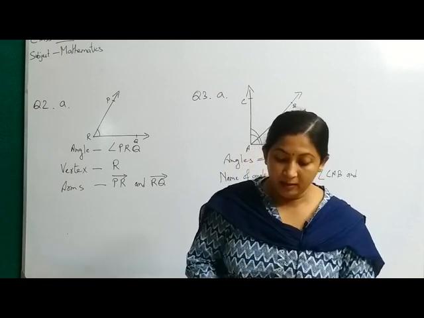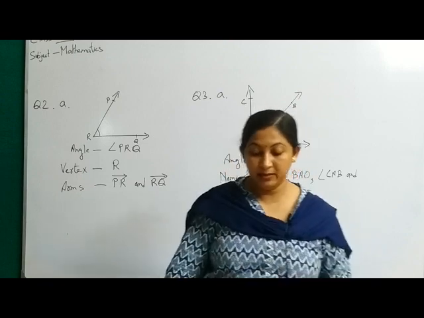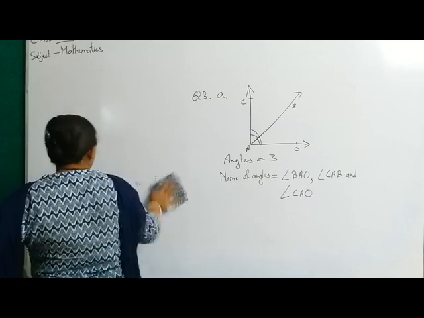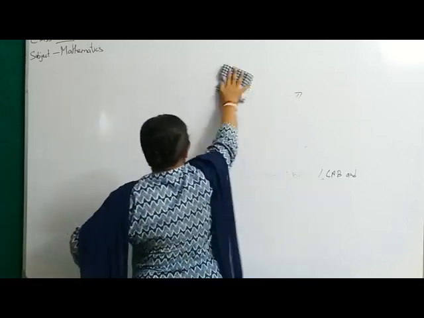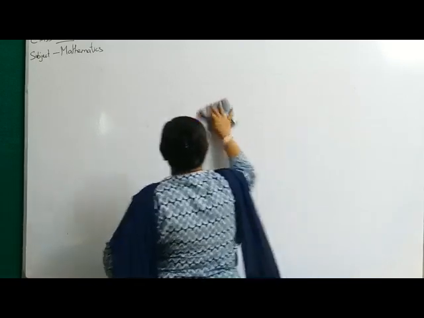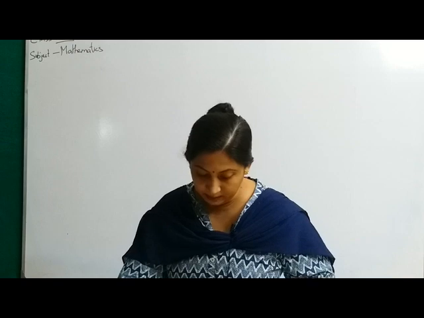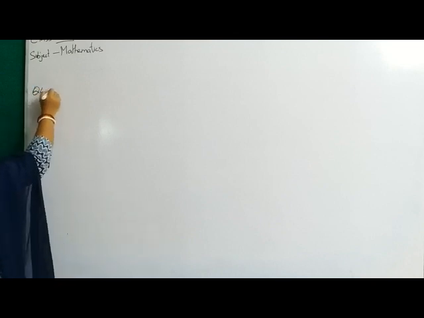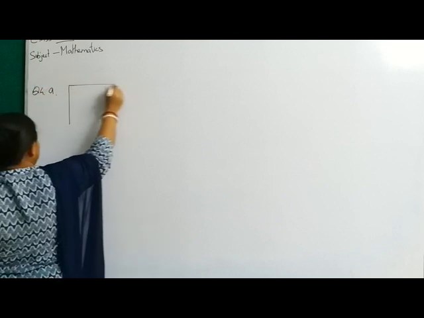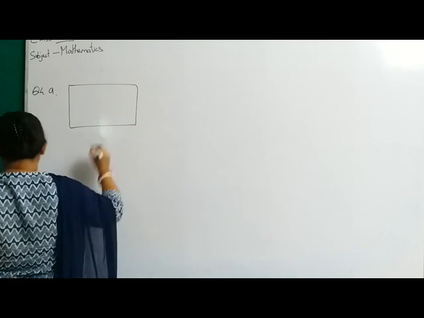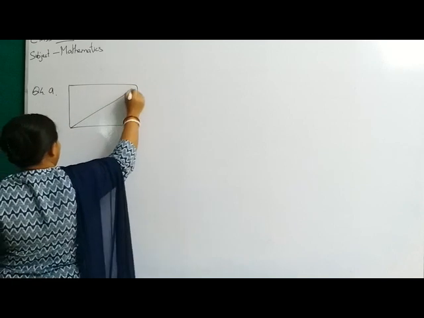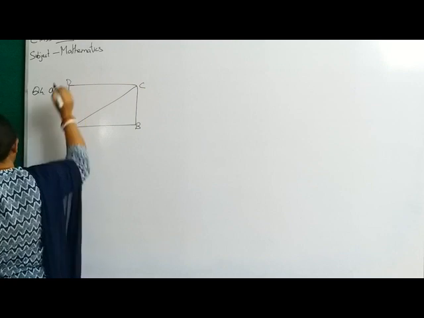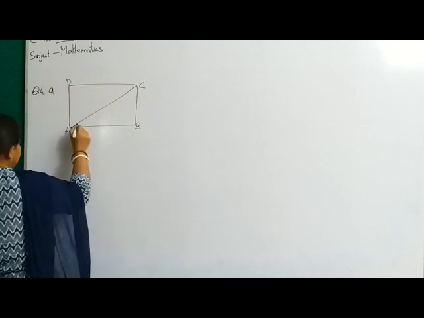In A, it is a rectangle, can you guess how many angles there are? It has points A, B, C and D. First angle is this one, next this one.